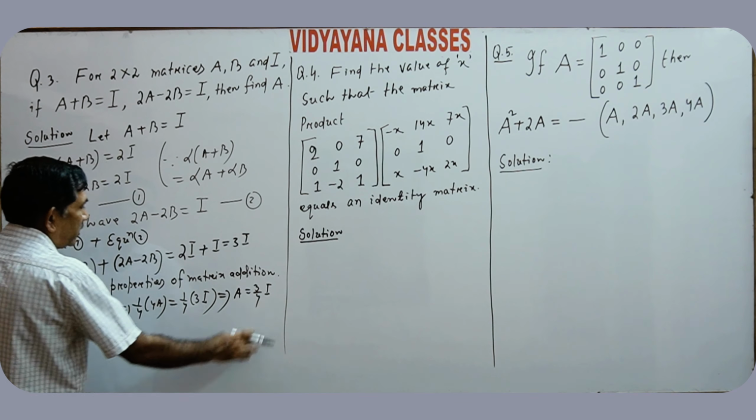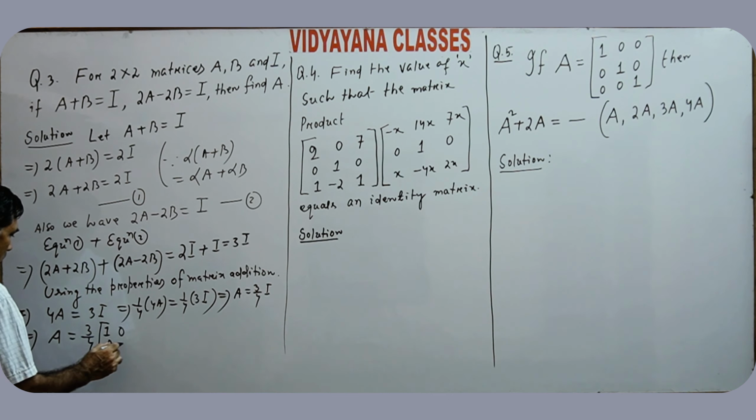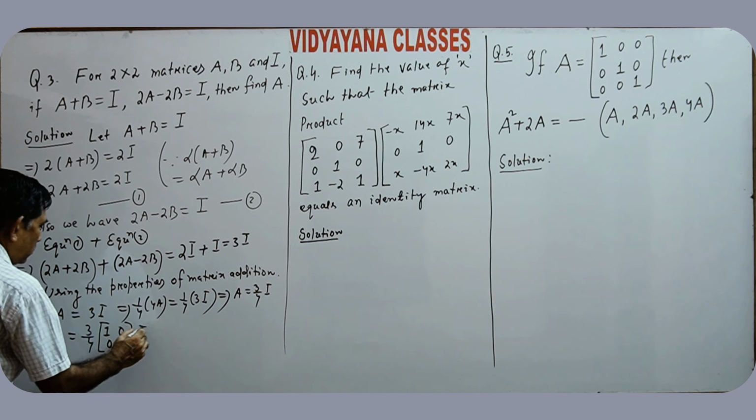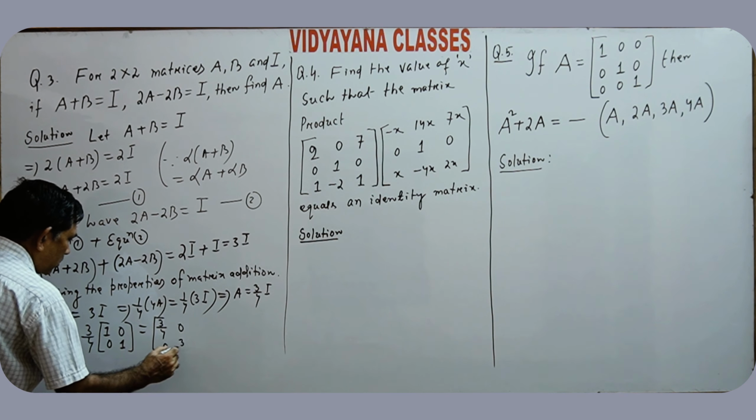I is the unit matrix of order 2. A is equal to 3 by 4 I, where I means the unit matrix of order 2, which is equal to 3 by 4, 0, 0, 3 by 4.